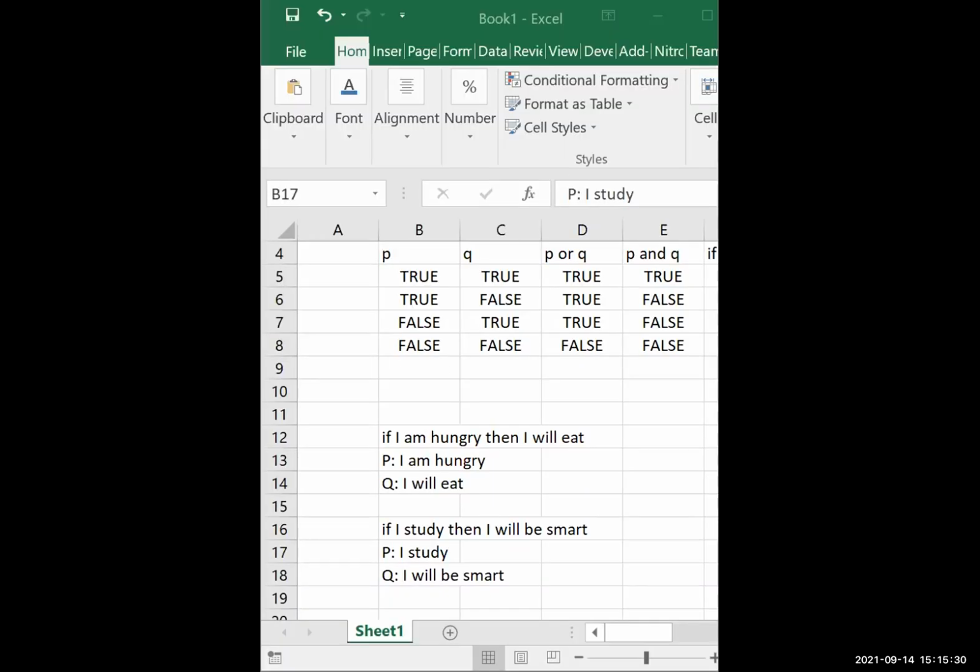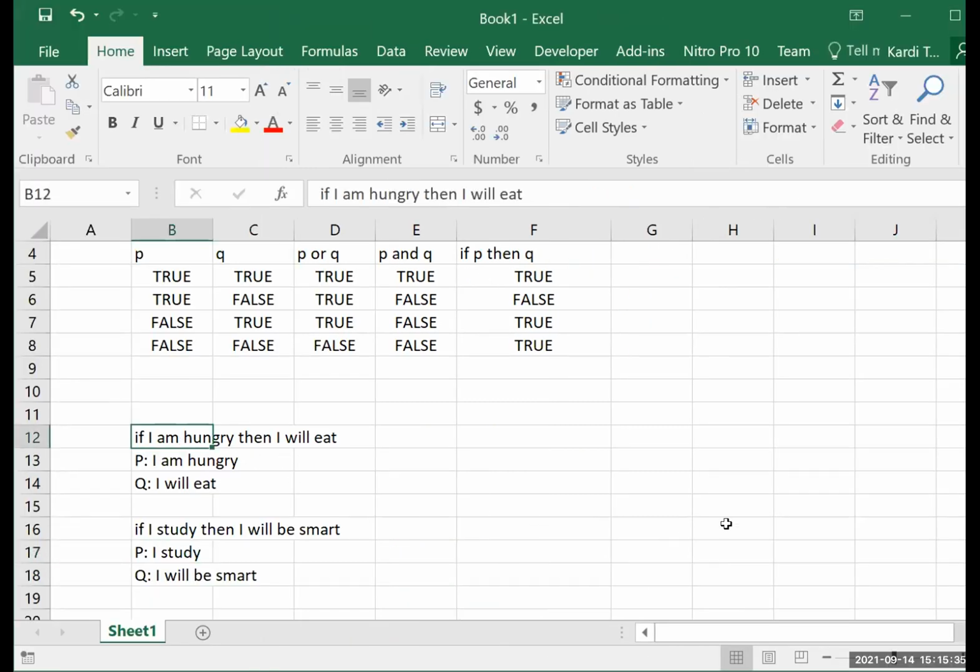Can you see my Excel? This is the argument a while ago, right? So if I'm hungry, then I will eat. So I will put P as I'm hungry, Q means I will eat. The same thing, if I study, I will be smart. So P is if I study, Q means I will be smart.